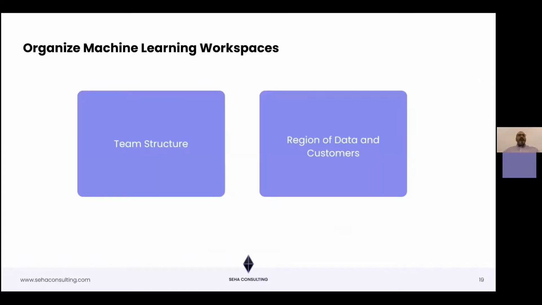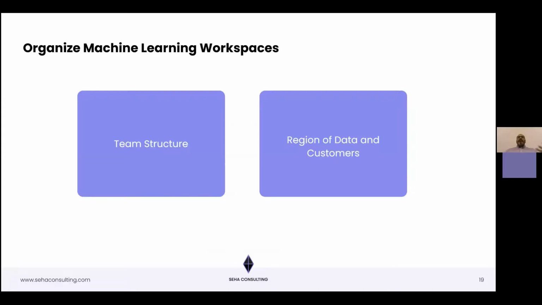So the next topic is going to be around organizing your machine learning workspaces. What we really mean by that is, there are two elements that impact it. One is when you're setting up your workspaces, the first element that impacts it is your team structure.